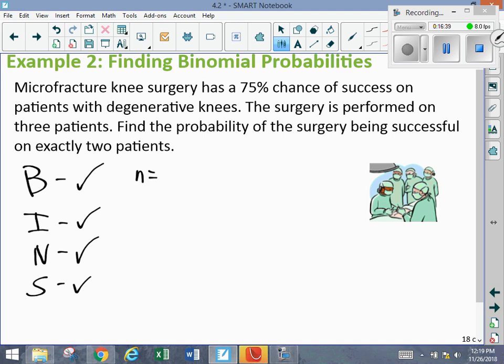How many trials are we going to do? 3. What's the probability of success for 1 trial? Yep, so 0.75. And now we're going to ignore Q. If we were doing this using the formula, we would need Q, but we're going to use our calculators. So all we need is X. How many trials do we want to count as successes? 2.